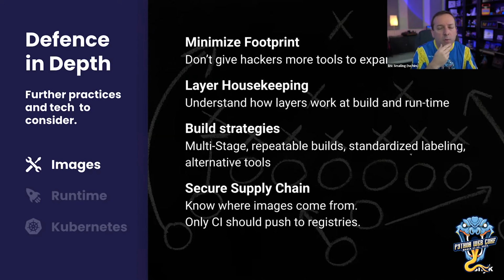Another piece of your build strategy you want to pay attention to is, are your builds repeatable? So for a given commit, can I build an image from that again dependably, deterministically? By using an image like Python 3.9.9, whether it's the slim version or not, you're pretty much guaranteed you're going to get that same base image each time.